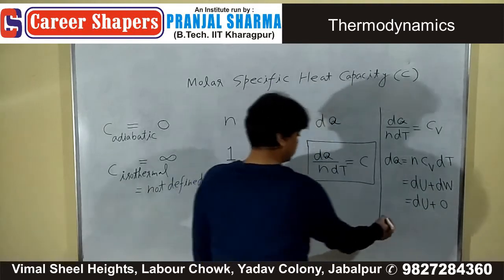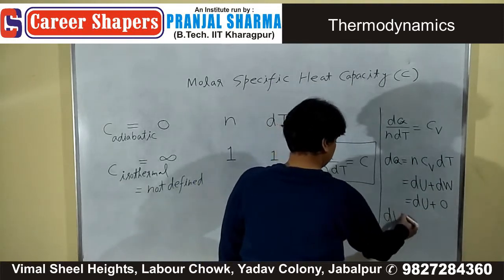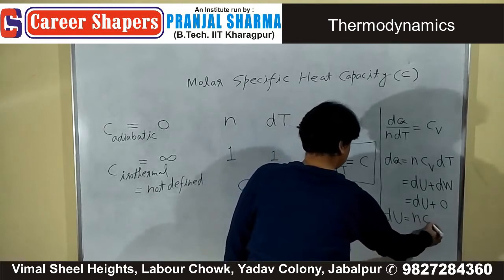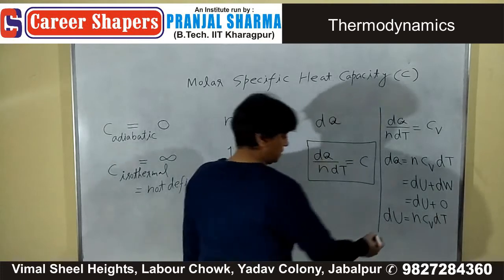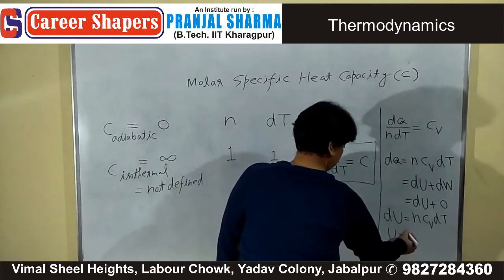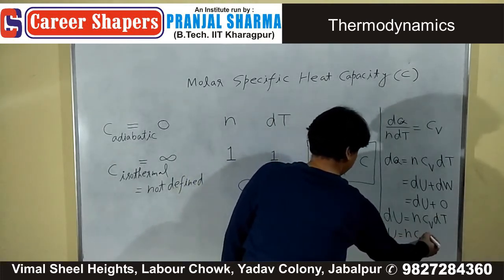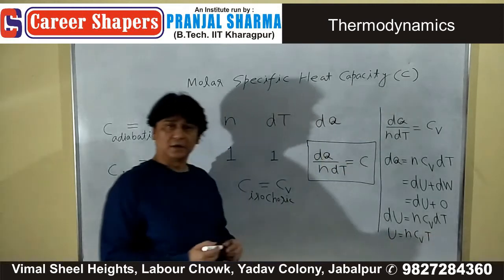This gives us dU as nCv dT, or internal energy is coming as nCvT.